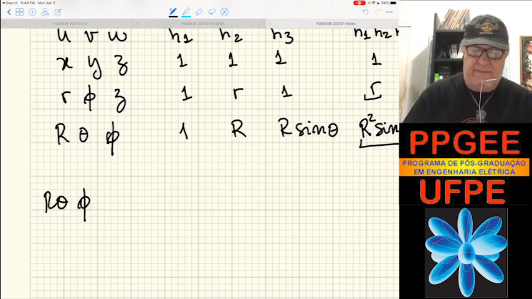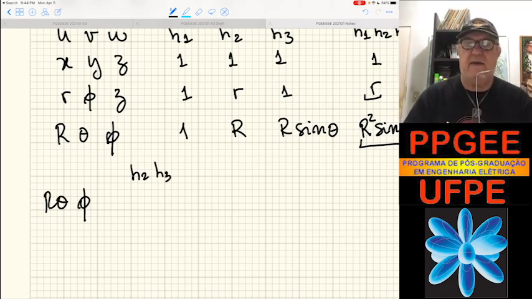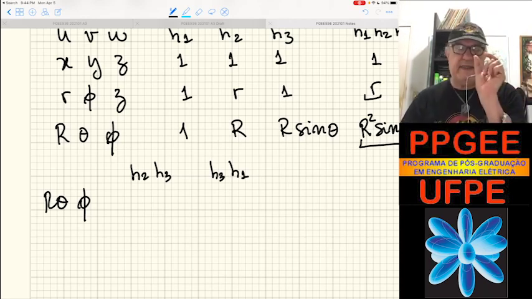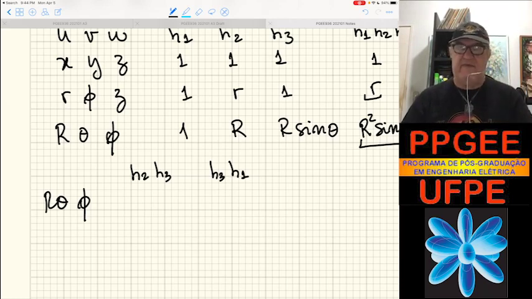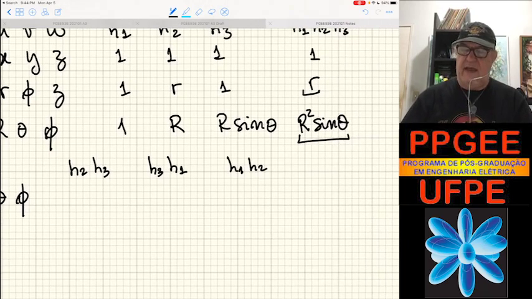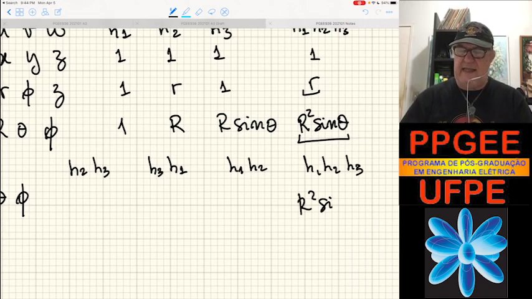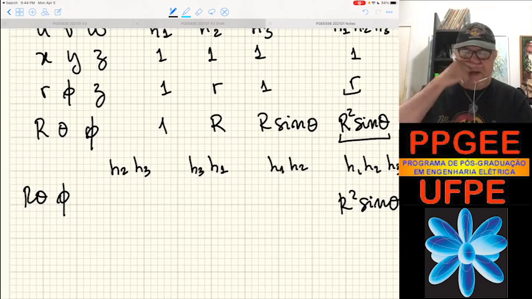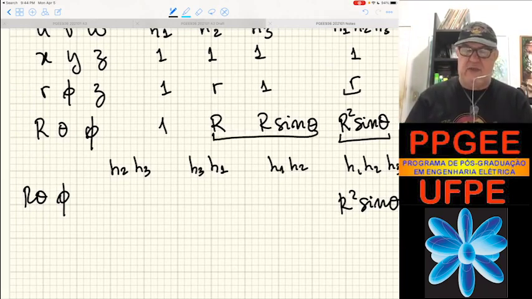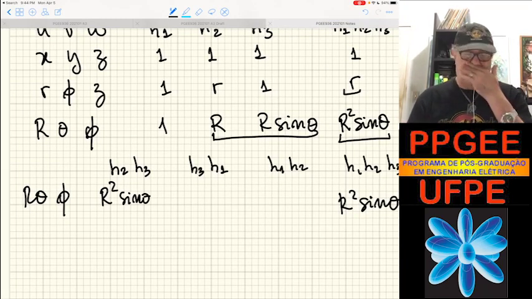We have, for the first component, H2, H3. Okay, then you go to H3, H1. These are the components that appear inside each derivative of the divergence. Then you go to H1, H2. And here we have H1, H2, H3, which is R squared sine theta. So H2, H3 is R squared sine theta, right?